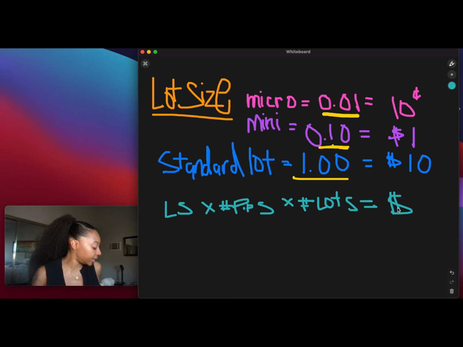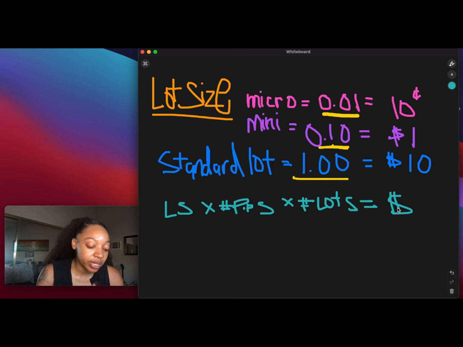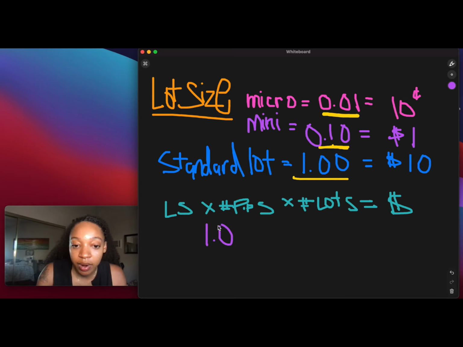Let's go ahead and get an example. I'm going to get my phone out and hop on MetaTrader to get a real life example. I always use the same example, so let's go with the euro dollar, EUR/USD. Currently it's 1.0465, and I'm going to leave it like that.